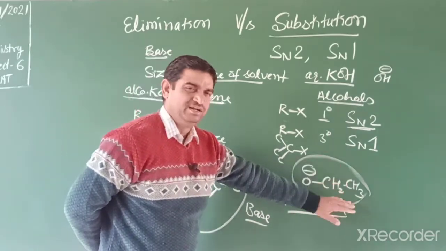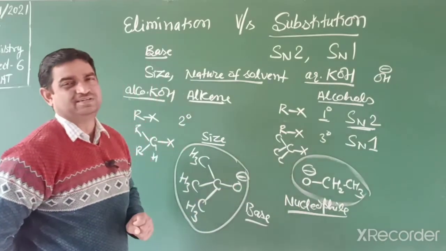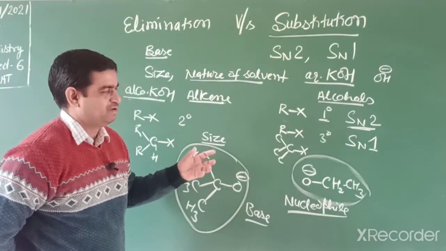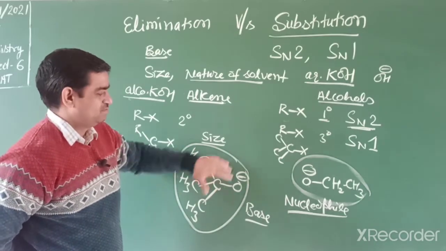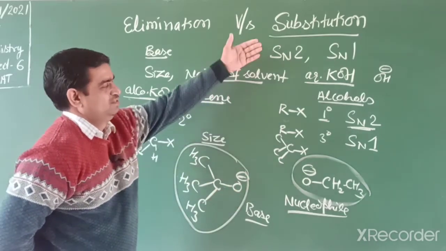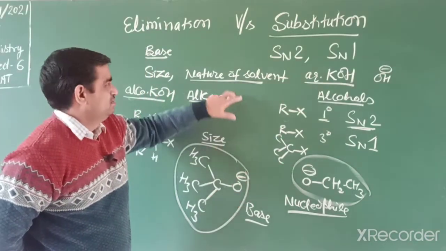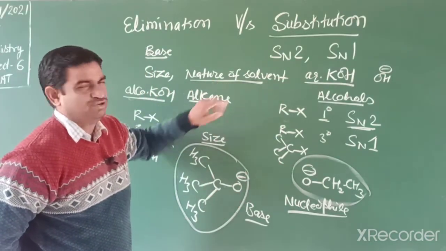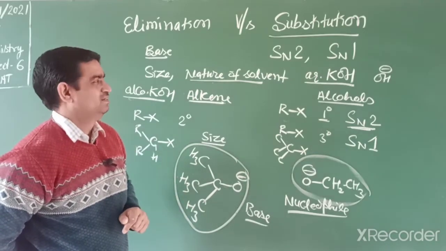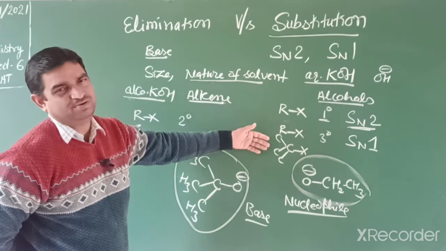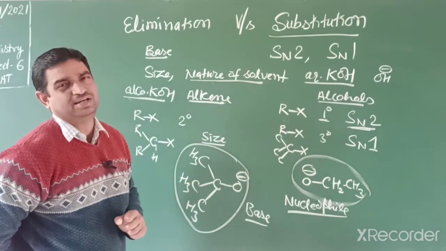We get alcohol, as well as a little alkene. And in this reaction we get alkene as well as a small amount of alcohol. But the major product depends on the size of the nucleophile, the medium of the solvent, aqueous or alcoholic, and whether it is a primary, secondary or tertiary halide, meaning the nature of the alkyl halide.